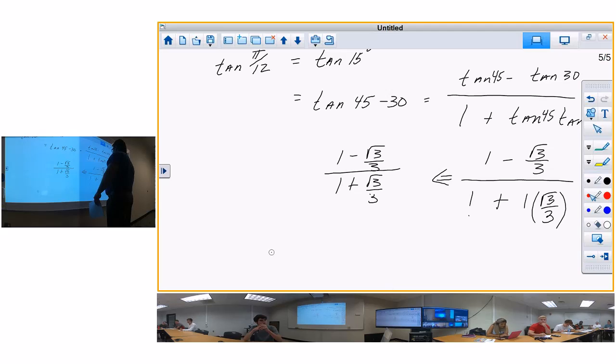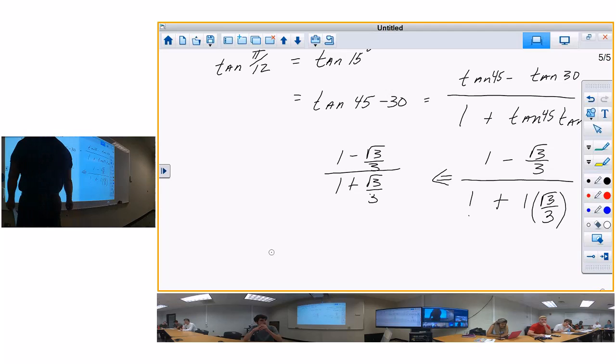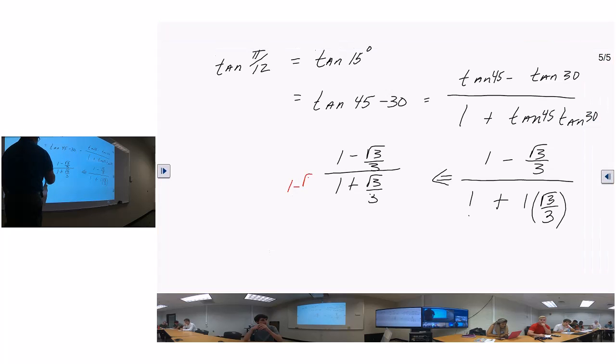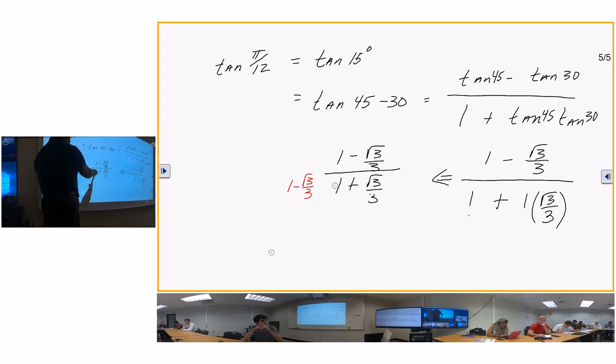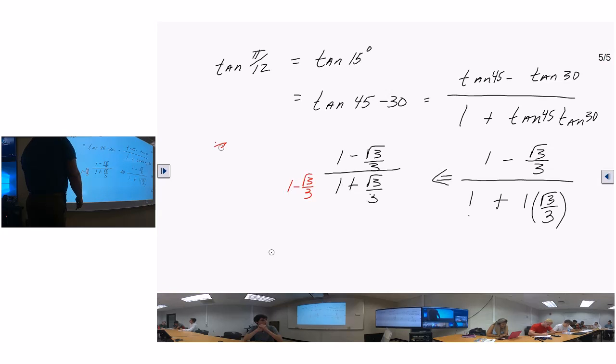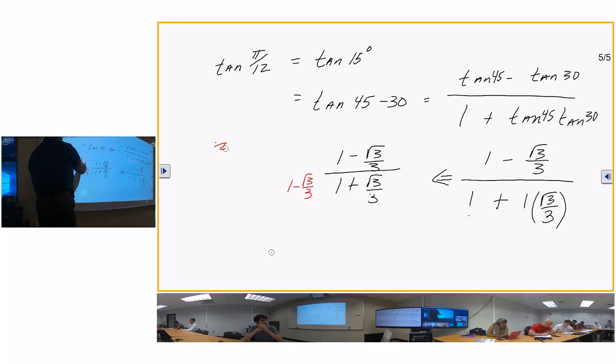And I'm going to multiply by what? 1 minus the square root of 3 over 3. Now, you could easily change this into 3 over 3 and 3 over 3. You could do that if you wanted to. But 1 minus square root of 3 over 3.